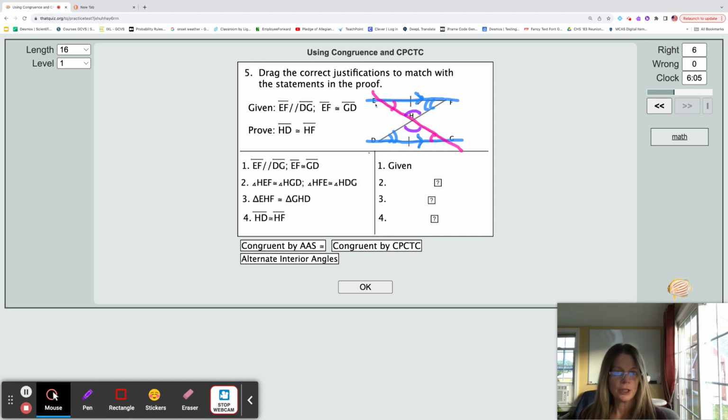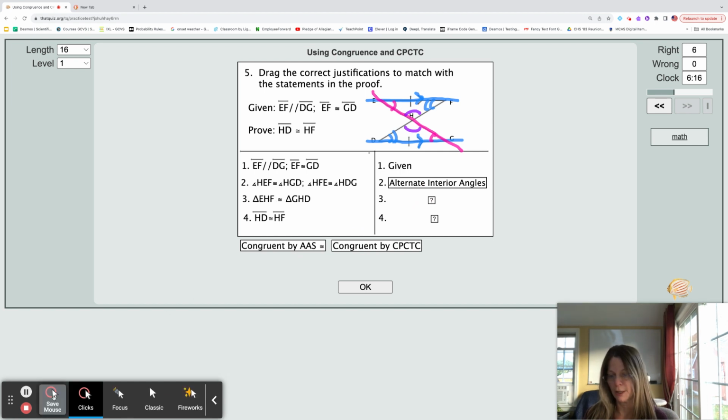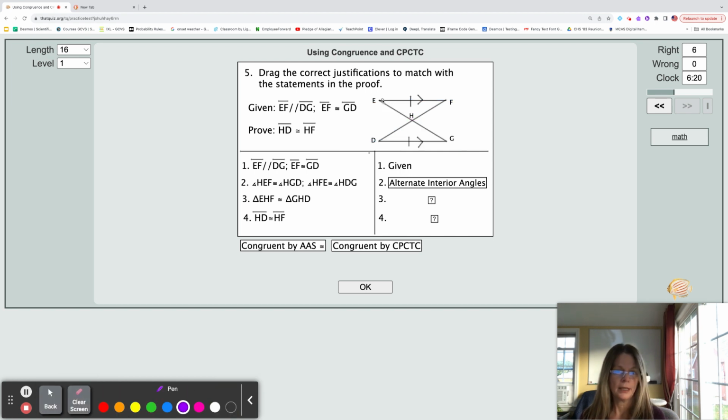Angle HEF is congruent to angle HGD. That's by alternate interior angles. So then we're going to look at triangle EHF. EHF is this triangle, is congruent to GHD, and it must be congruent by angle, angle, side.